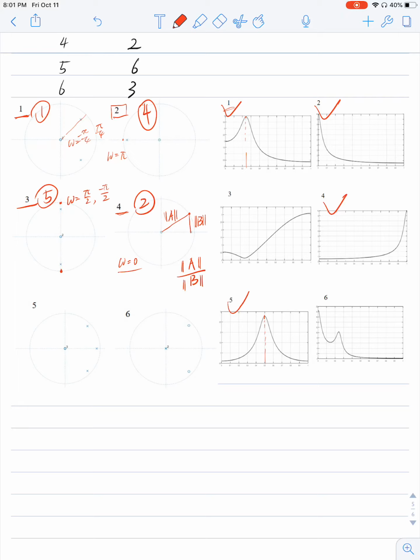Now let's move on to pole zero diagrams 5 and 6. Let's look at 6. For 6, the poles are all at 0, and there are 2 zeros.